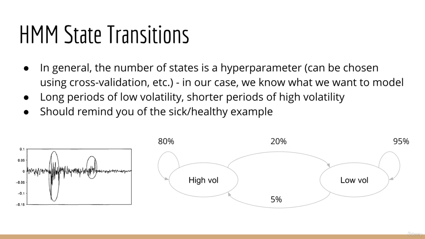And that means the probability of going from low to high is 5%. On the other hand, maybe the probability of going from high to high is 80%, and the probability of going from high to low is 20%. This makes sense because from these pictures, it's evident that we spend more time being in the low state. This is just like our healthy and sick example, where we spend more time being in the healthy state.